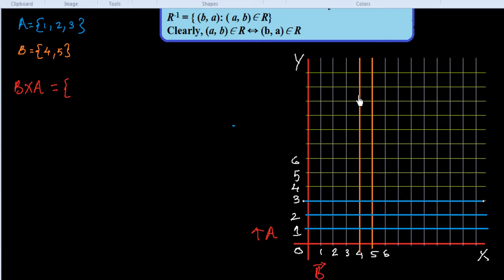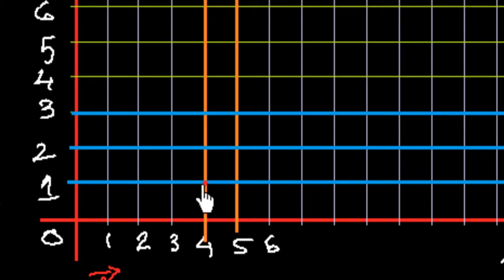Now we see the intersecting points of these horizontal and vertical lines. There are 6 intersecting points. The coordinates of these points would be (4, 1), (5, 1), (4, 2), (5, 2), (4, 3), (5, 3).